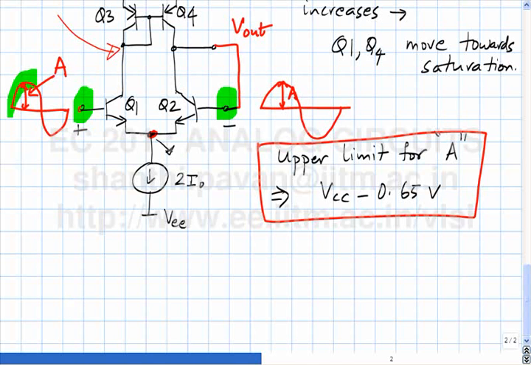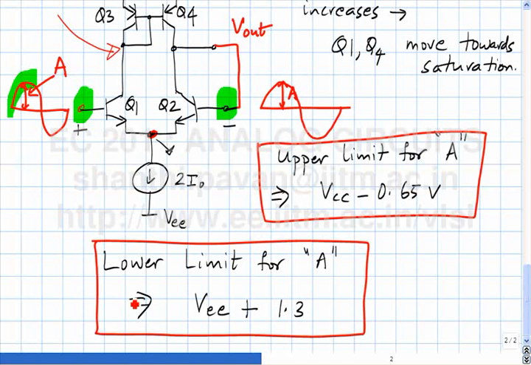So, the lower limit for A is VEE plus how much? 1.3. The maximum amplitude of the sine wave you can put in before something bad happens is this chap and the absolute value of this chap.